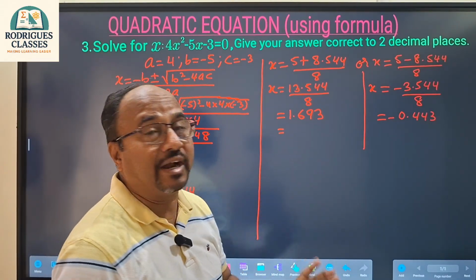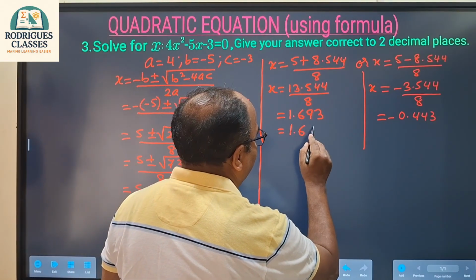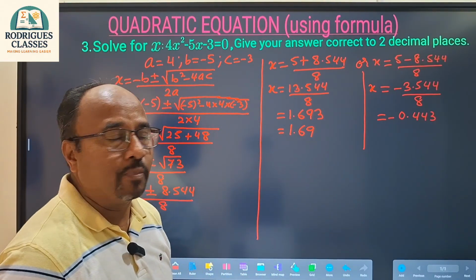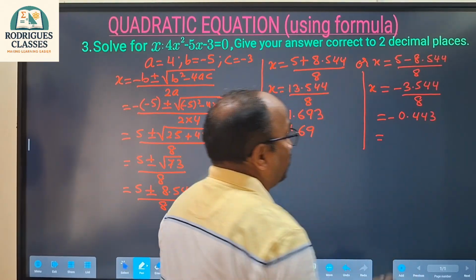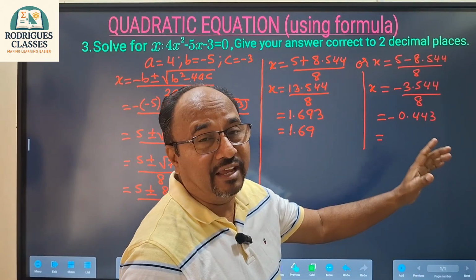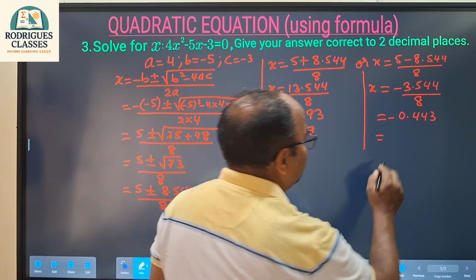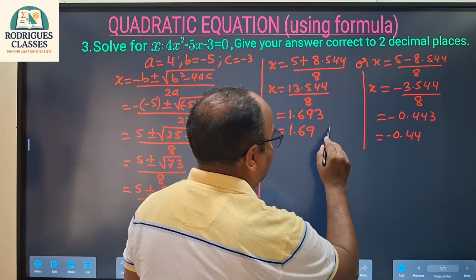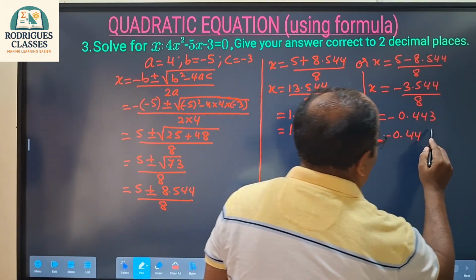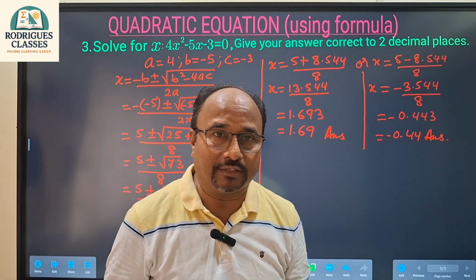So the number at the second place will not change, and your answer becomes 1.69. Here also the same thing has to be done. Your third place is 3, so the second place number will remain as it is. So minus 0.44 is the answer. These two are the roots of the equation, correct to 2 decimal places.